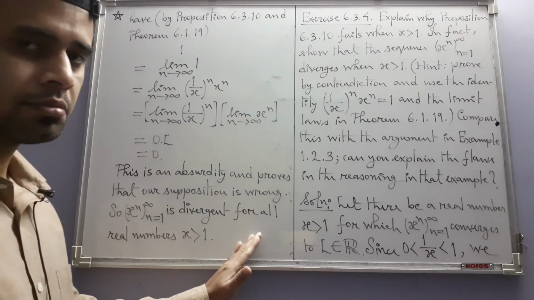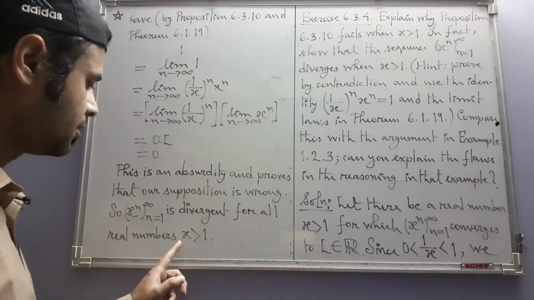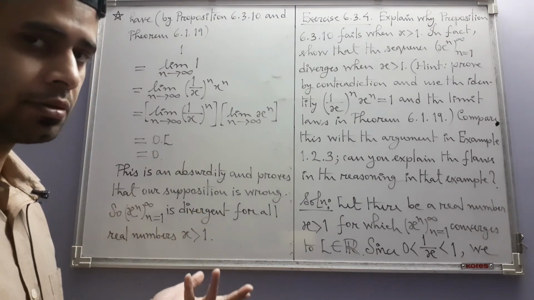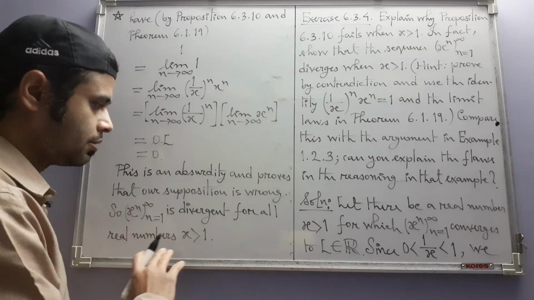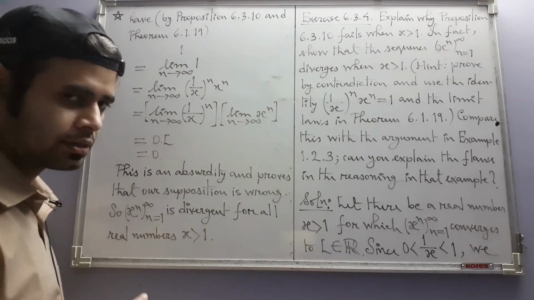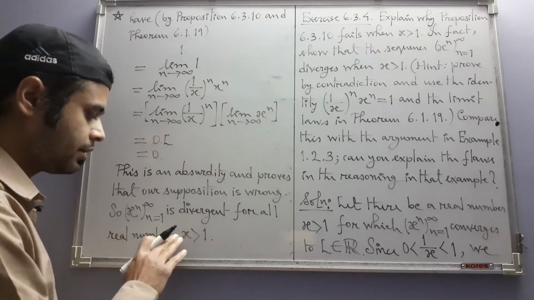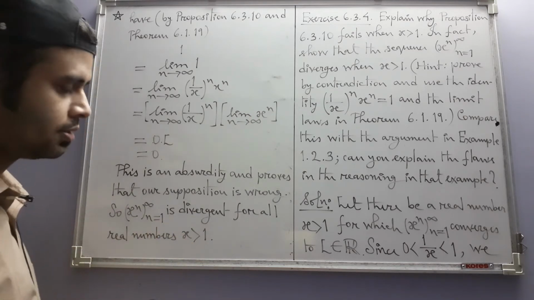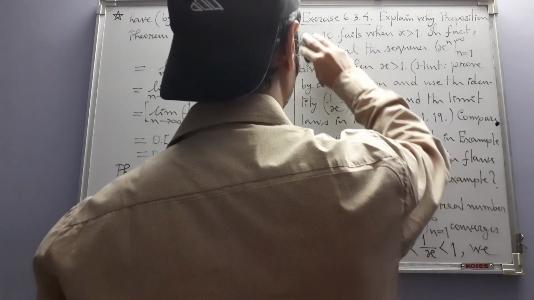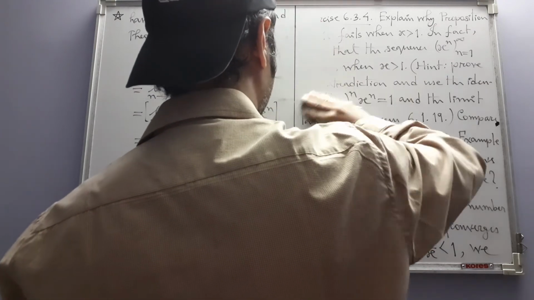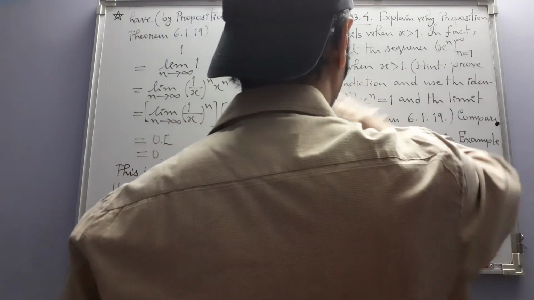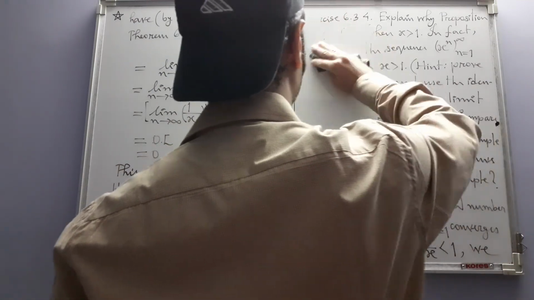I am writing real numbers specifically because now we also know about minus and plus infinity, and we are here and there using them as extended real numbers. So we need to say that this x is not plus infinity. So that's why we are writing x is a real number. But the solution is not over yet. We need to also now say what went wrong in that example 1.2.3.